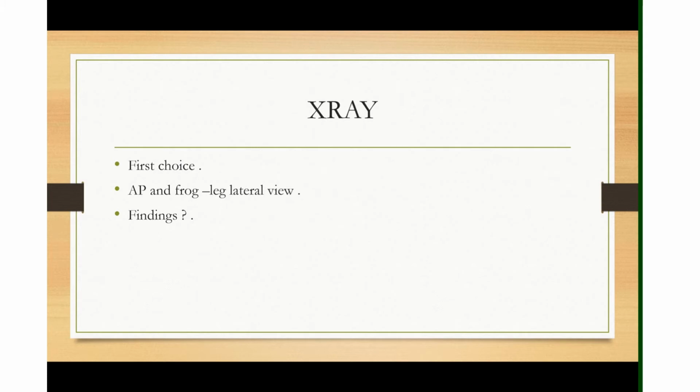Ideally, the frog leg lateral view is the best projection rather than the AP, and the reason is that the direction of the slippage of the epiphysis is posterior and medial. So on the AP view, the posterior displacement is less appreciated, and that is why we go for the frog leg lateral view.